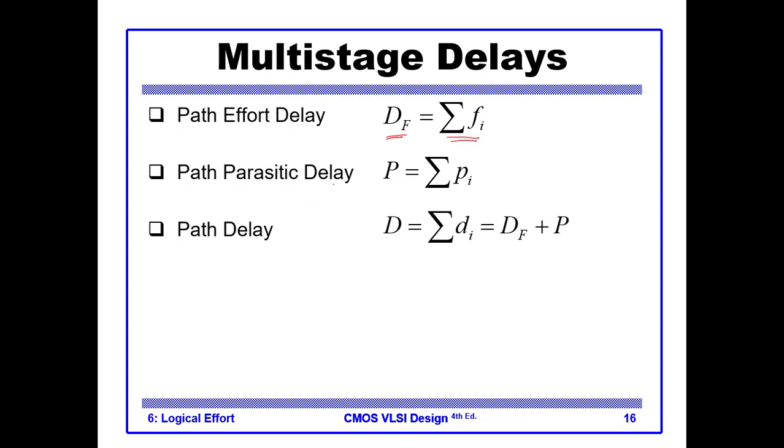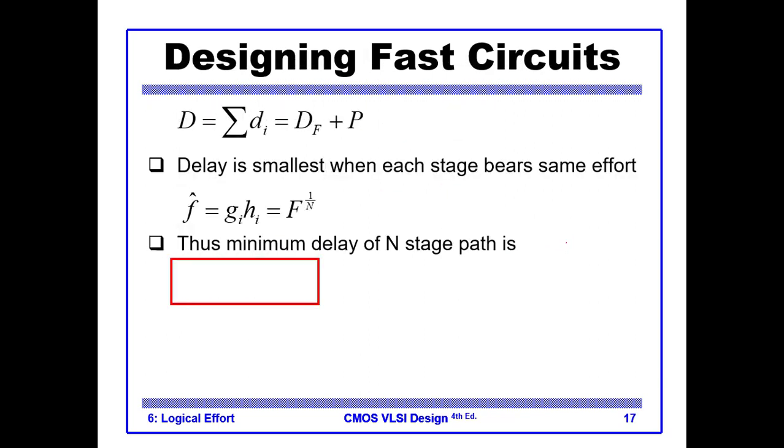Then we have the parasitic delay, which is capital P. It is the summation of all T's. Then we have path delay, which is capital D, is DF plus P. Definitely you will understand these with examples, so don't worry if it looks like a lot of formulas. When you use it, it will become clear.